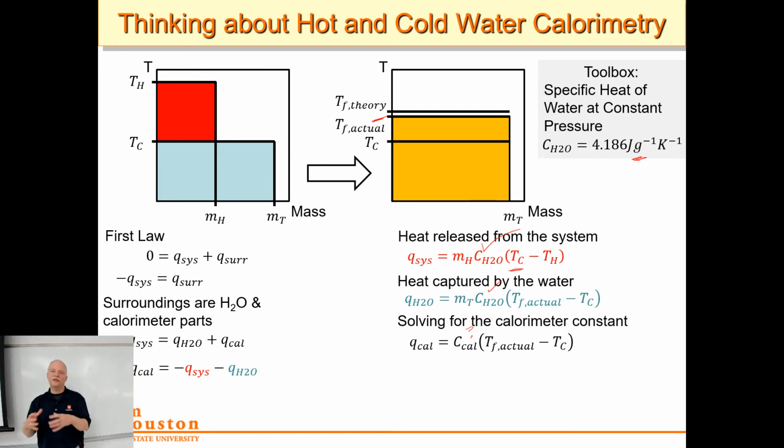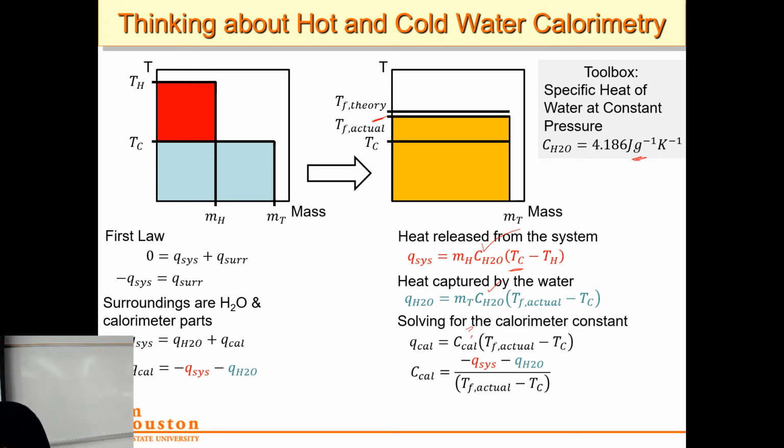The stir stick, the glass, the thermometer went from T cold up to T actual. Because it was in equilibrium with the cold water before we added the hot water. And so it went from TC to T actual. And so we want to take the difference in joules of the system and the water, and divide that by the temperature change, and that gives us the calorimeter constant, because that was our unknown in this equation.